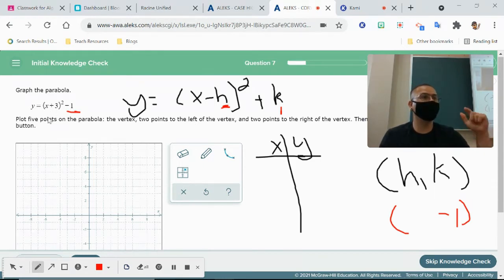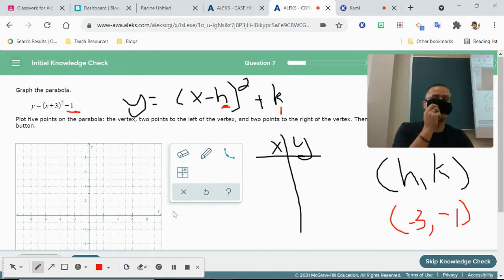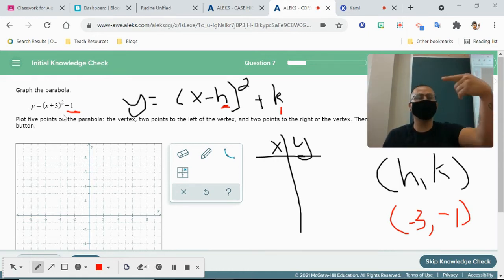Just like with the slope formula, if you plug a negative in, you get a positive. This is really a -3 because you put a -3 minus it, you get a +3. So that means our vertex is at this point here, -3, comma -1. I would have known that as well because the horizontal shift, we're shifting it to the left 3. That's what h represents. We're shifting to the left 3 and down 1.